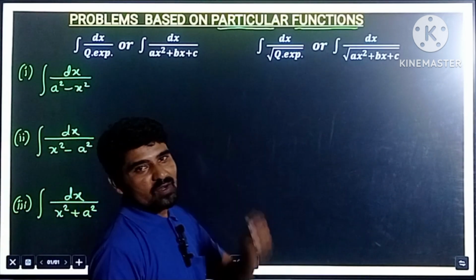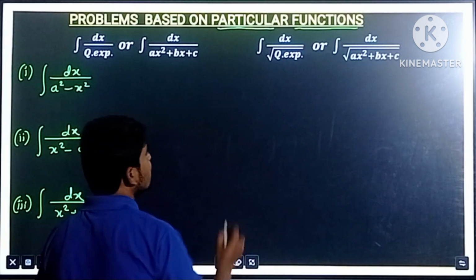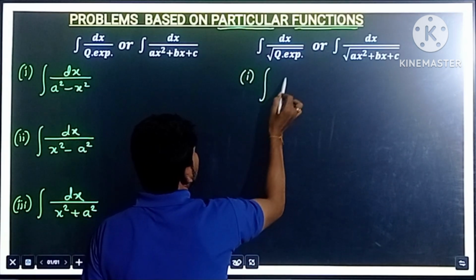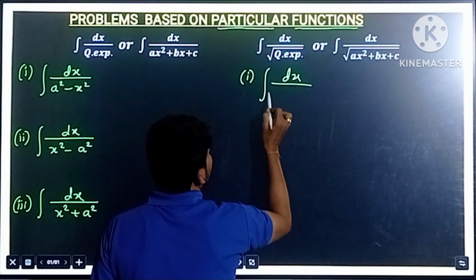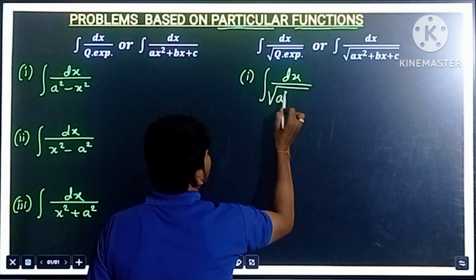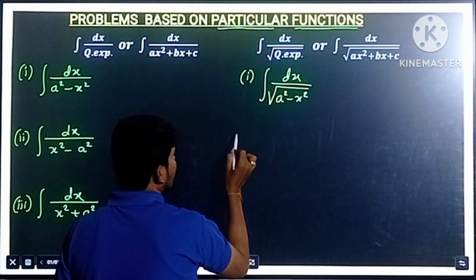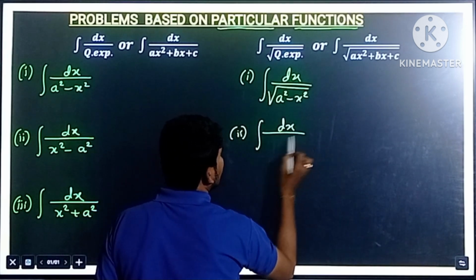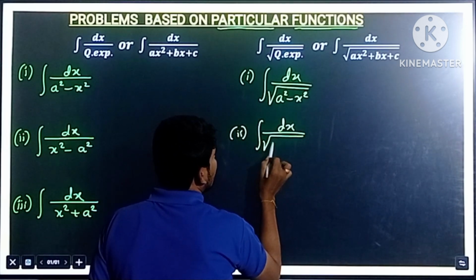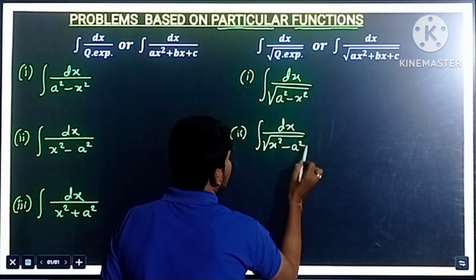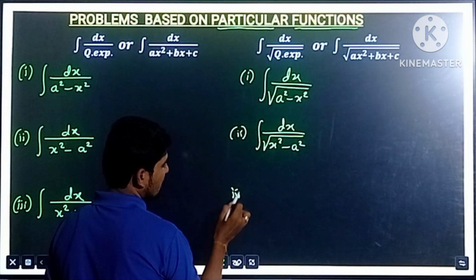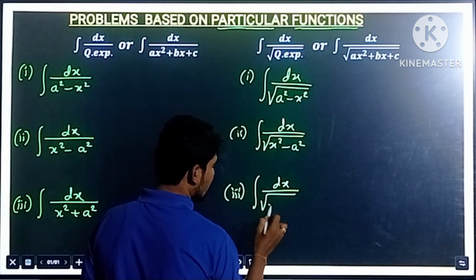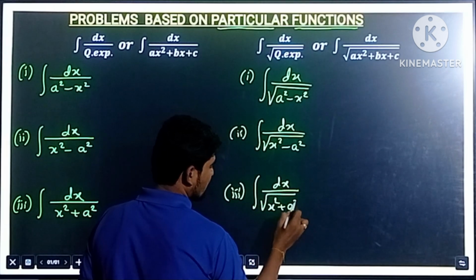In the second form also we have three subformats: the first is integration of dx divided by square root of a square minus x square, the second is integration of dx divided by square root of x square minus a square, and the third is integration of dx divided by square root of x square plus a square.